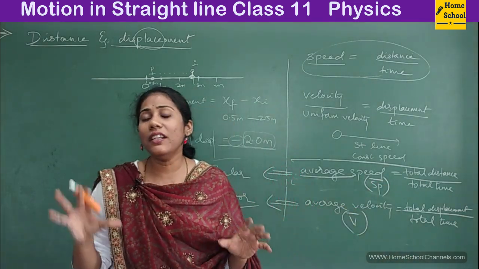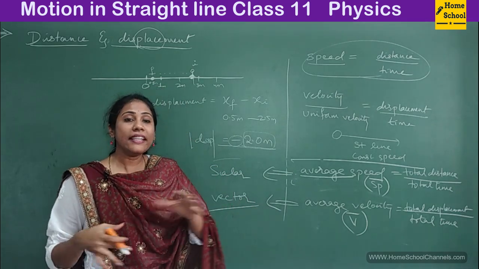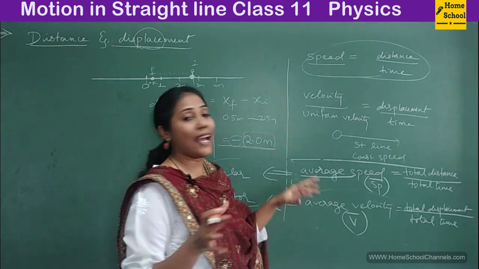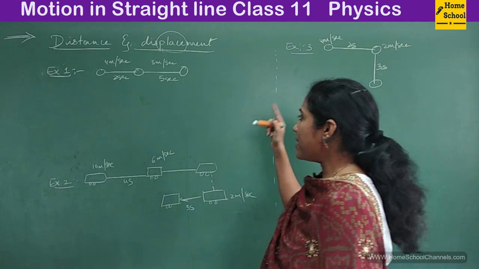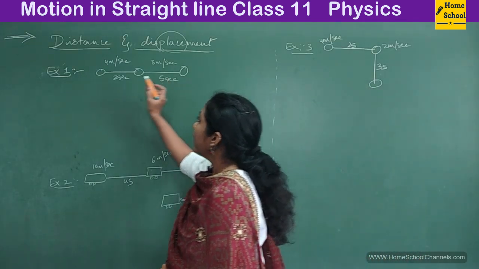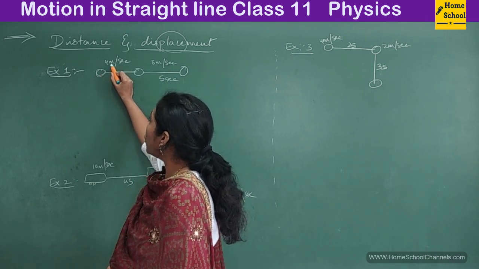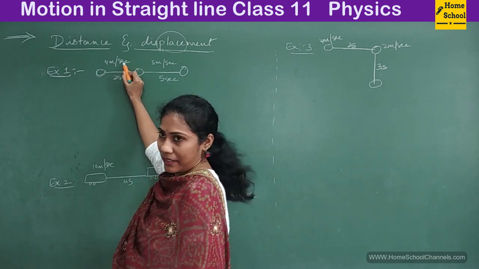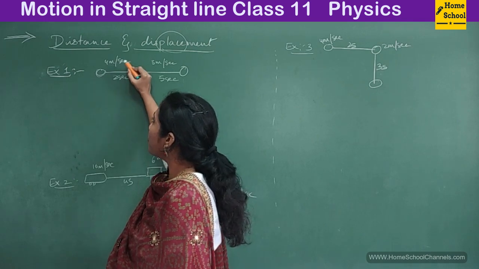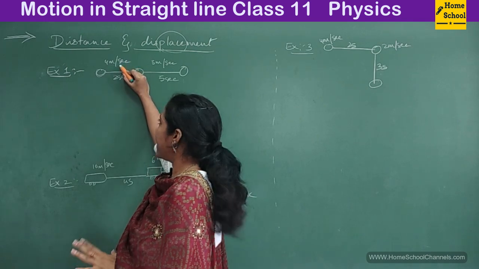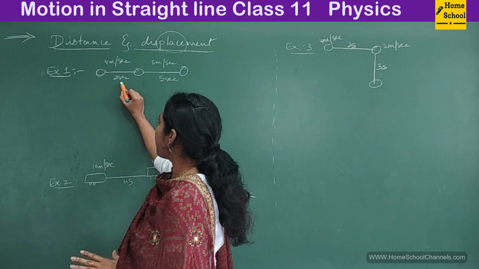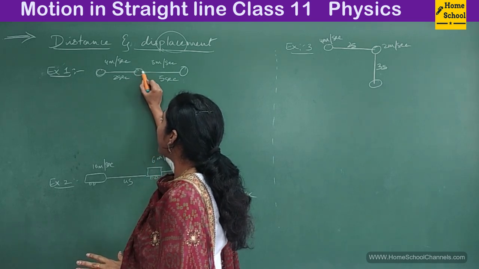Now we will learn a few examples of how we can calculate average speed and average velocity. See the first example. Here there is an object moving with 4 meters per second. Initially the object moves with 4 meters per second for 2 seconds and comes here.